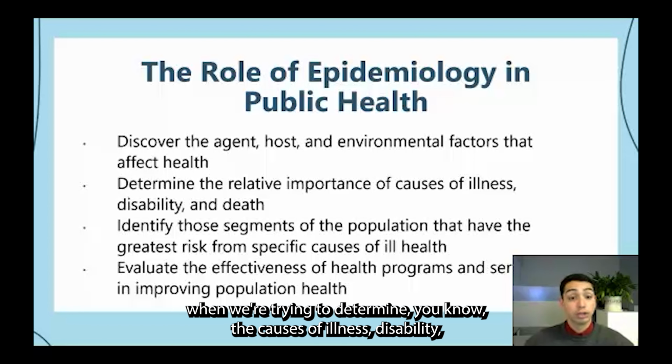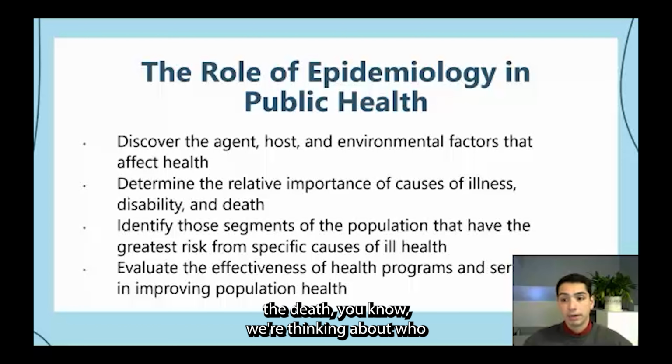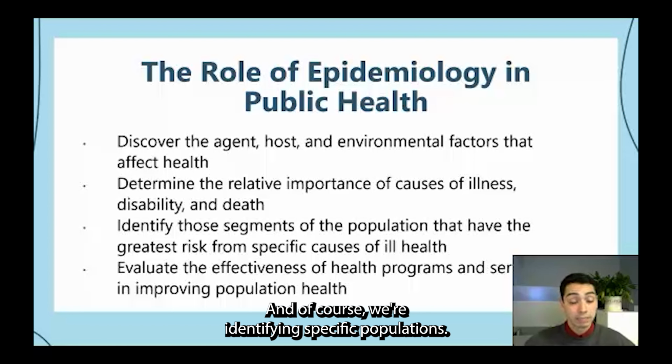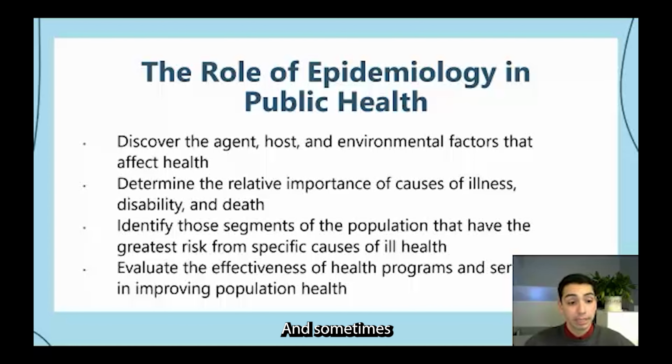When we're trying to determine the causes of illness, disability, and death, we're thinking about who and how a disease is developing. And of course, we're identifying specific populations, and sometimes we can highlight through epidemiology groups of people that are more prone to a specific illness.